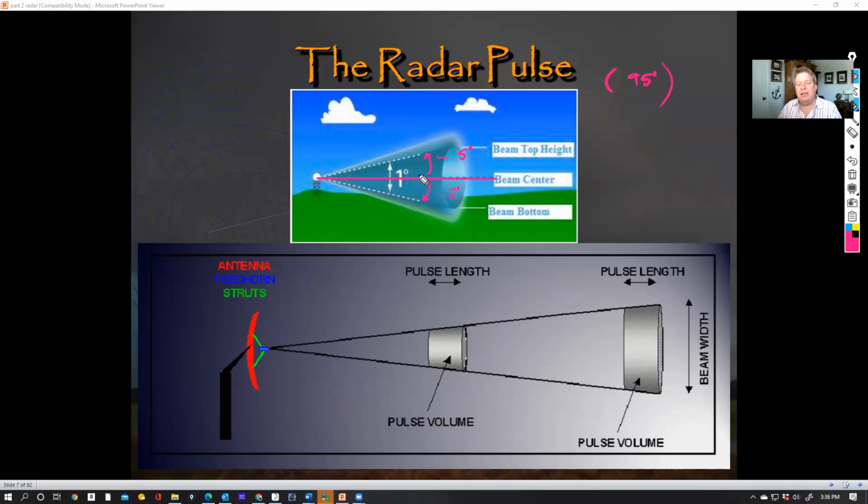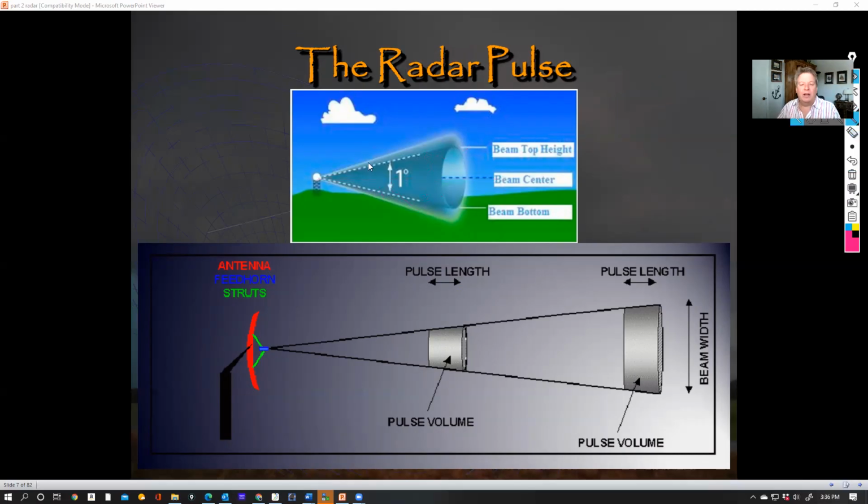Now, if I sent the beam out horizontally, do you see that half the beam would be hitting the ground? And that would cause a scattering of radiation back, and that would be very bright because the ground can reflect. So we don't want to do that, because we get too much ground before the pulse overlooks the horizon.